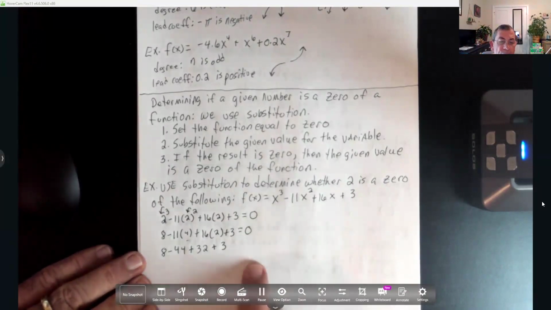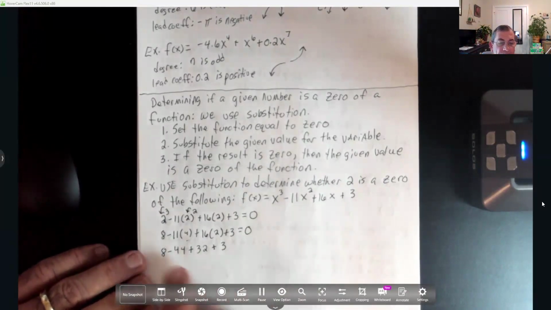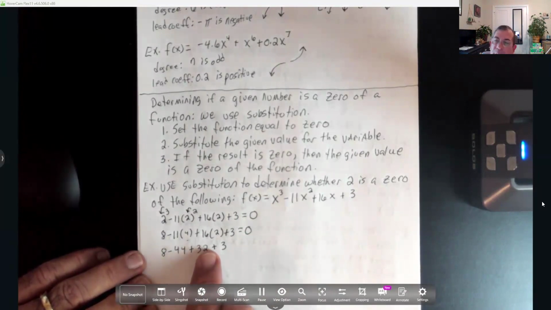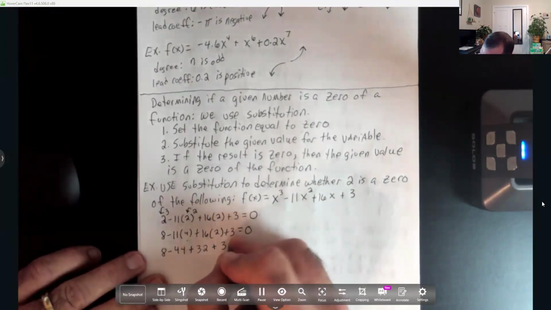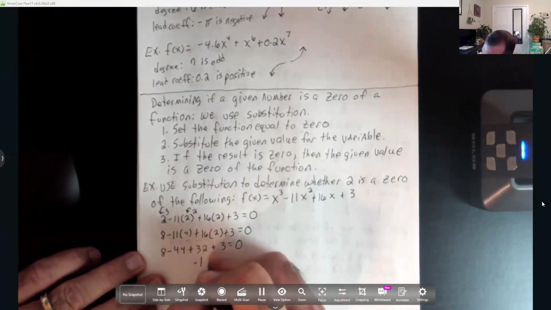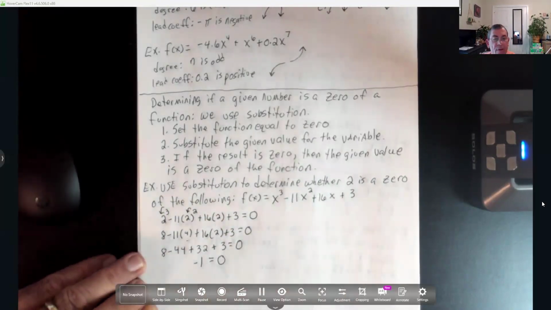All right, y'all. So now we're just adding and subtracting. 8 minus 44 is a negative 36. Negative 36 plus 32 is a negative 4. Negative 4 plus 3 gives me a negative 1, equal to 0?